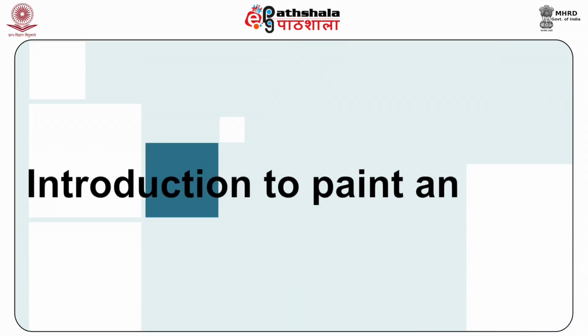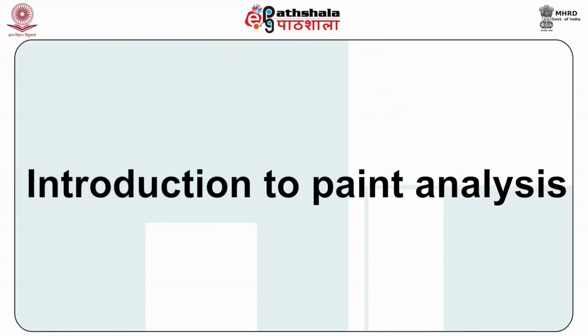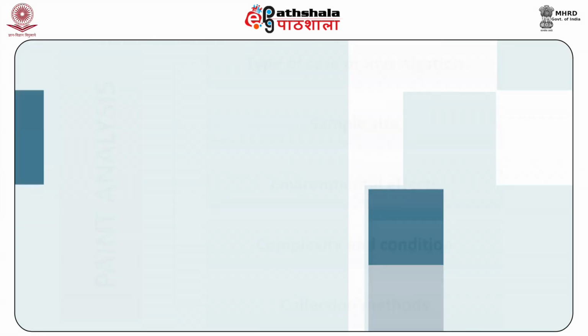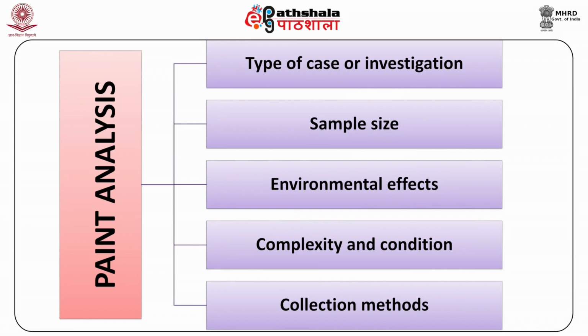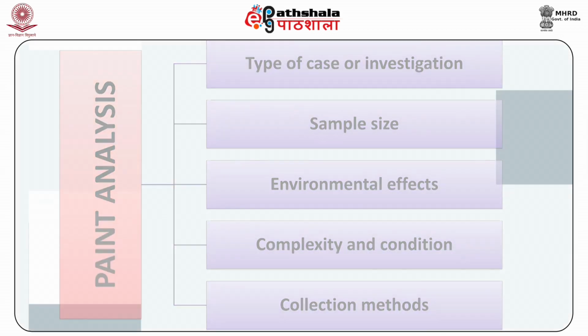Now, coming to a slight introduction of what we are going to study in paint analysis. For paint analysis, there are certain main concerns to be taken into consideration: the type of case we are investigating, the sample size, the environmental effects, the complexity of the situation, the condition of the paint at that time, and the collection methods that we are going to adopt.